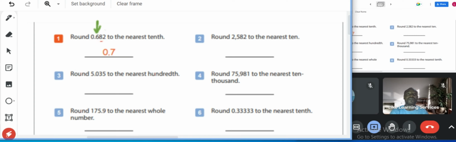If it is from 5 and above, you call it 1, and add to that place value you are stopping at. So 8 is already above 5. Anything from 5, like 5, 6, 7, 8, 9, you're going to call it 1, and then you add to the number you stopped at.